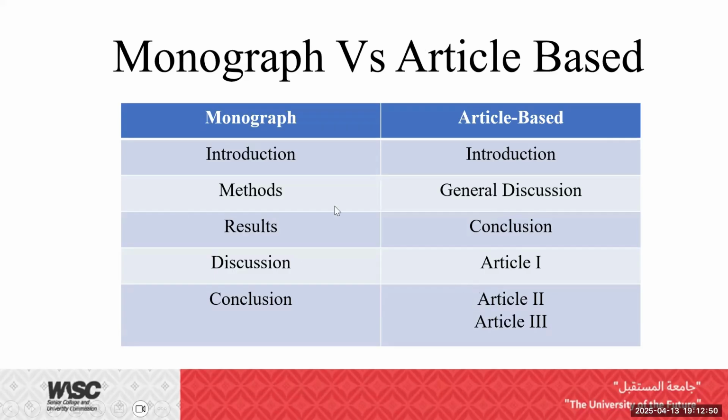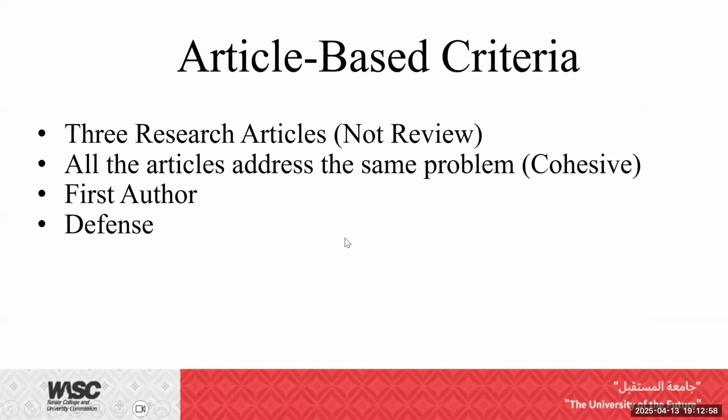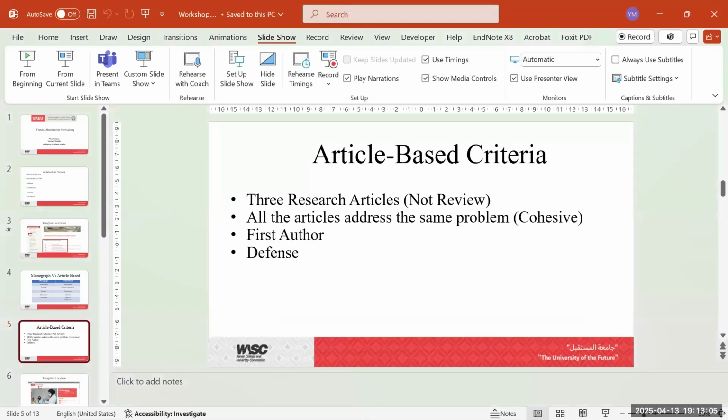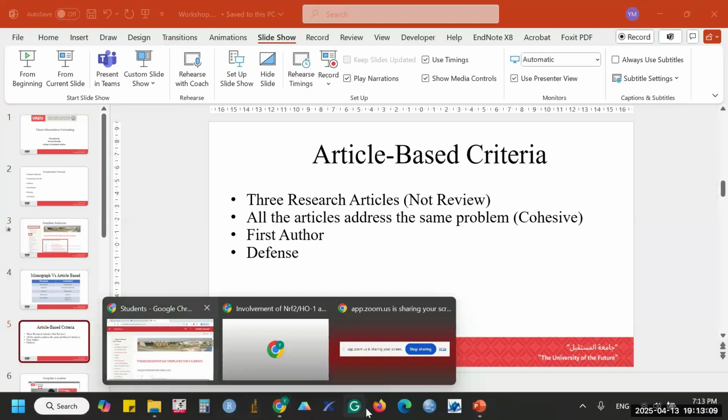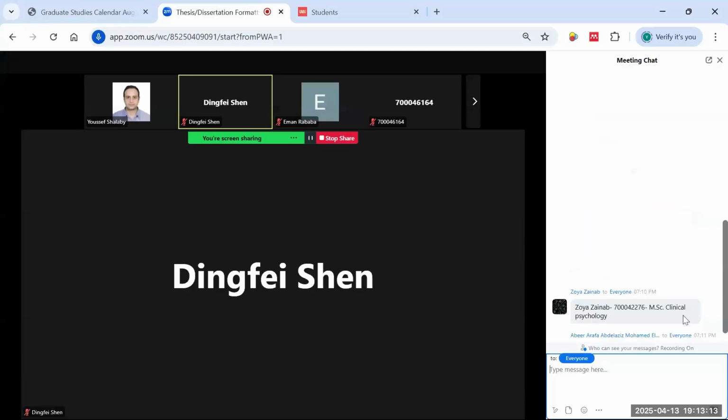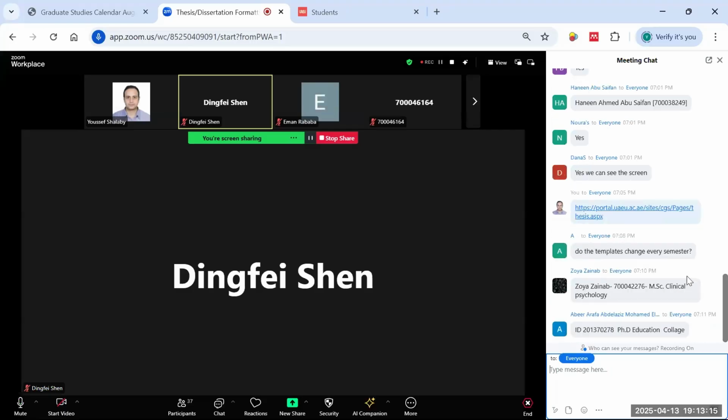You don't need to write the methods, the results, and the traditional sections for the monograph track. Okay, that's clear, right? So if anyone has a question up till here, please just write your question in the chat box.